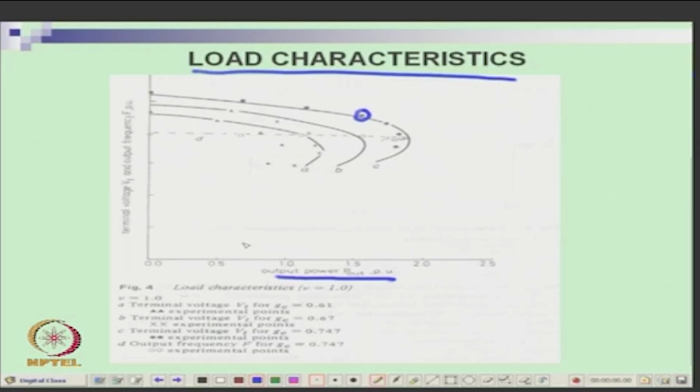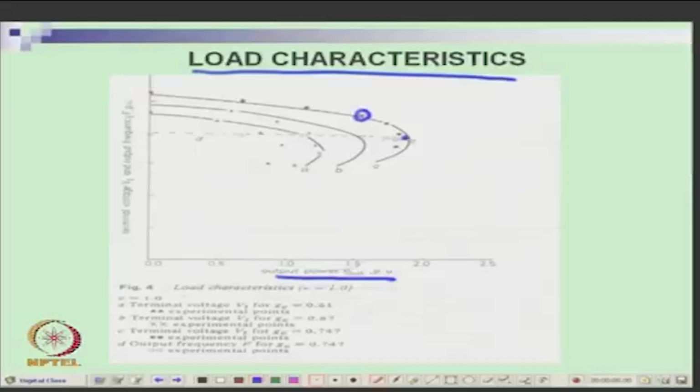Now, interestingly, it is almost like a shunt generator characteristic. It goes to a certain point beyond which it bends. This is for different capacitors. This may be for C1, C2, maybe C3, which are given here. Which one will be more?